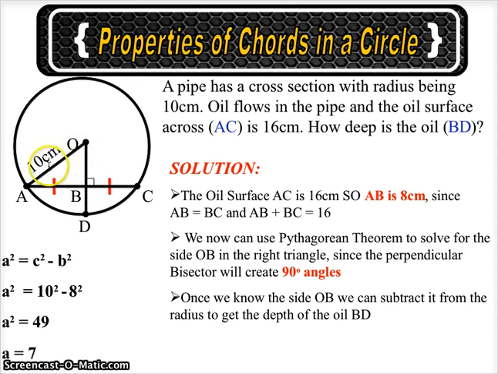And since the radius of the circle is 10, which is shown here, we know the distance from O to D is also 10, since this line and this line are both the radius. If we already know the distance from O to B is 6, and the distance from O to D is 10, we can subtract the two to get the depth of the oil.